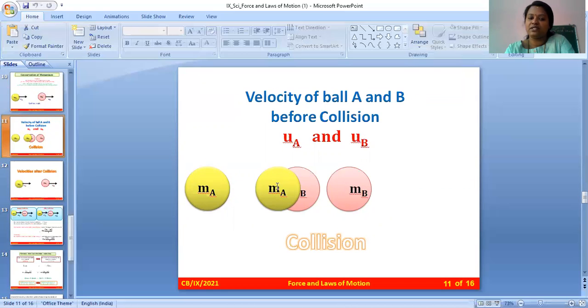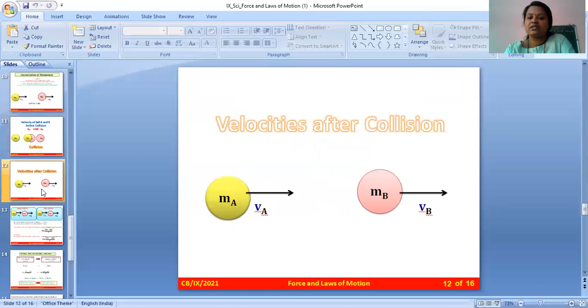So they collide with each other. After collision, the velocity of object A we denote with small vA, and the velocity of object B we denote with small vB.